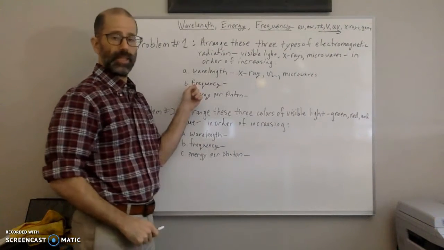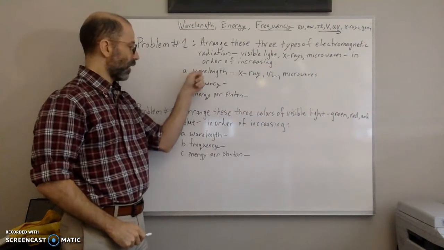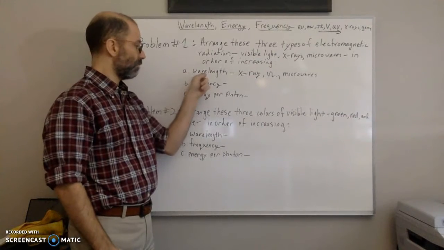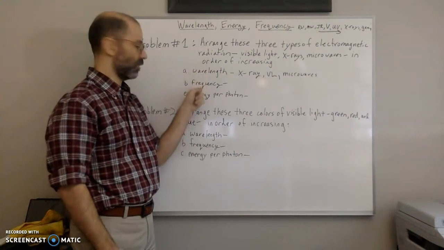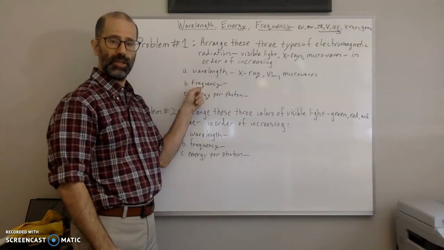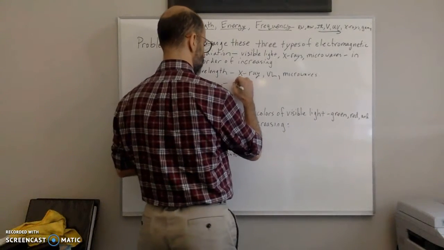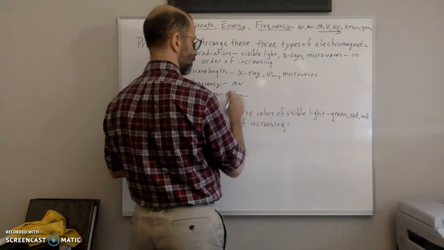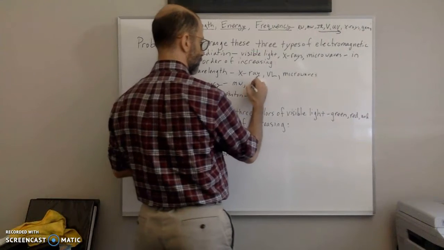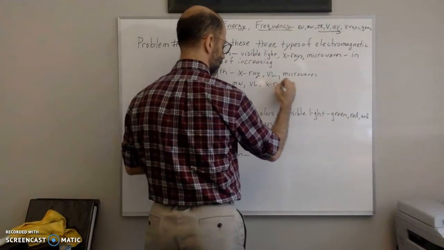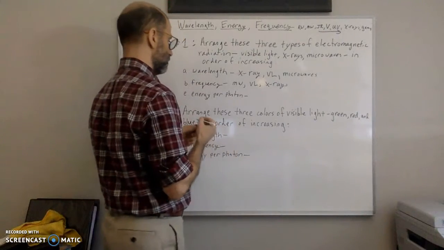Now frequency, if I remember that wavelength and frequency are inversely related, then whatever order I have here is going to be backwards here. It's going to be the reverse. So in this case, microwaves come first, and then visible light, and then X-rays.